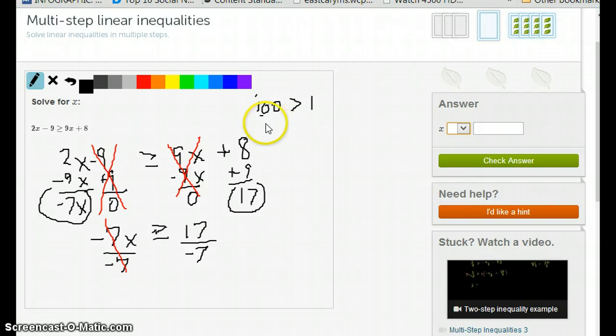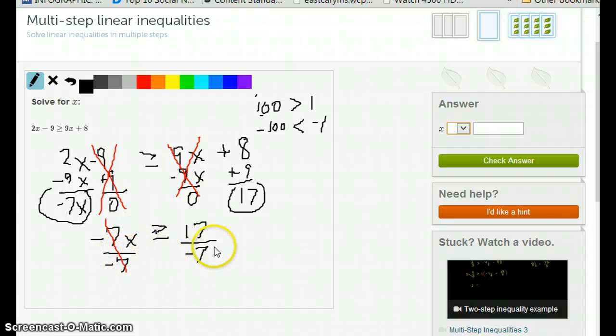You do something to both sides. So you're going to get negative 100 on the left side, and you're going to have negative 1 on the right side. Now, is negative 100 greater than negative 1? Well, not anymore, because you made both negative. So this sign is going to be the exact opposite. If you multiply negative on both sides, then whatever your inequality relationship was is going to be the opposite. Okay? So that's what's going to happen here.